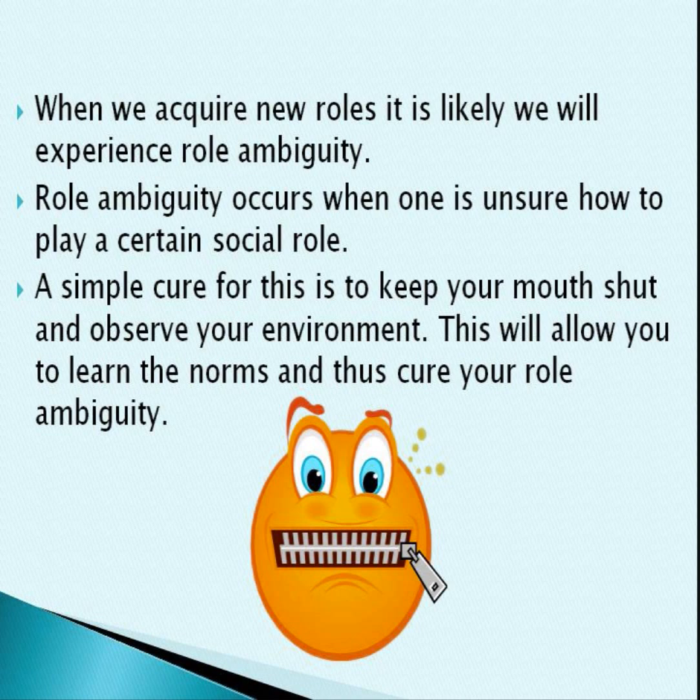When we acquire new roles, it is likely that we will experience some sort of role ambiguity. Role ambiguity occurs when one is unsure how to play a certain social role. A simple cure for this is to keep your mouth shut and observe your environment. This will allow you to learn the norms and thus cure your role ambiguity.